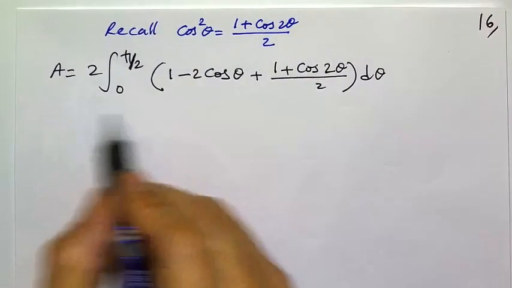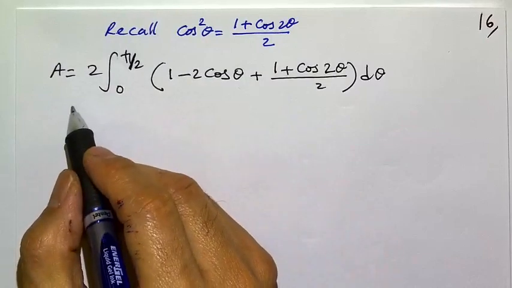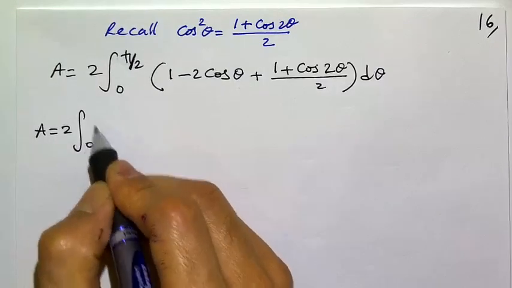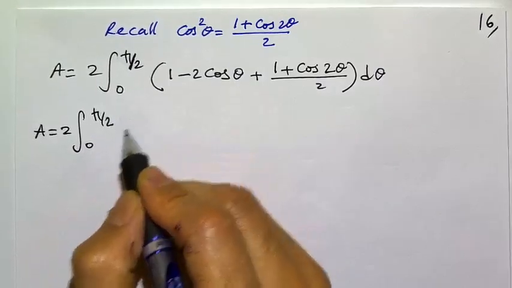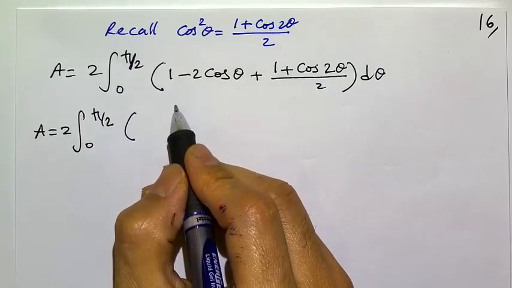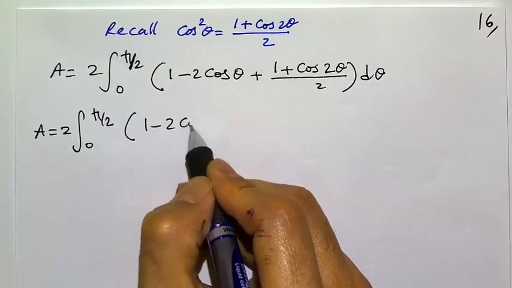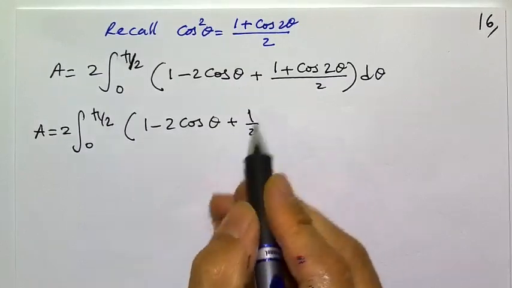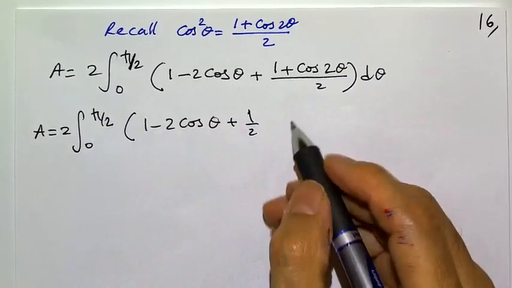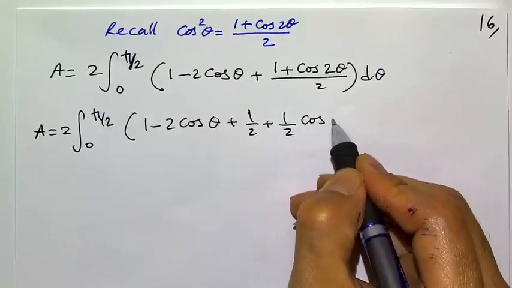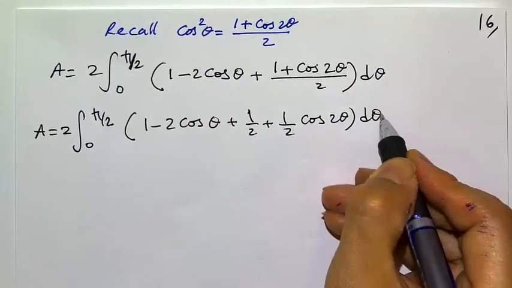All right, so let's do that. So we have the area equals 2 times the integral from 0 to pi over 2 of 1 minus 2 cosine of theta plus 1/2. This 1/2 and this 1, of course, will combine in a second. Plus 1/2 cosine 2 theta d theta.